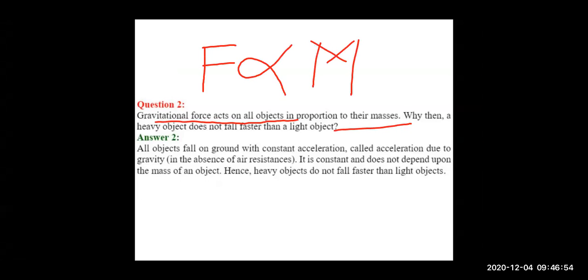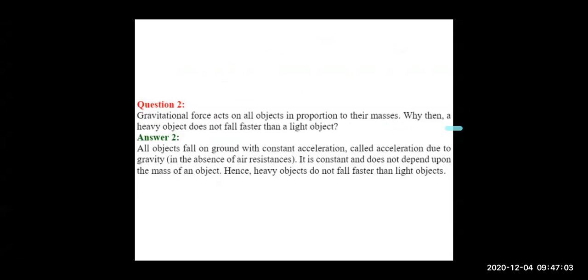Yes, because we know F is proportional to small m and capital M. है वो प्रोपोर्शनल, right? Okay. Why then heavy objects do not fall faster than a light object? Right, children, this is your question.